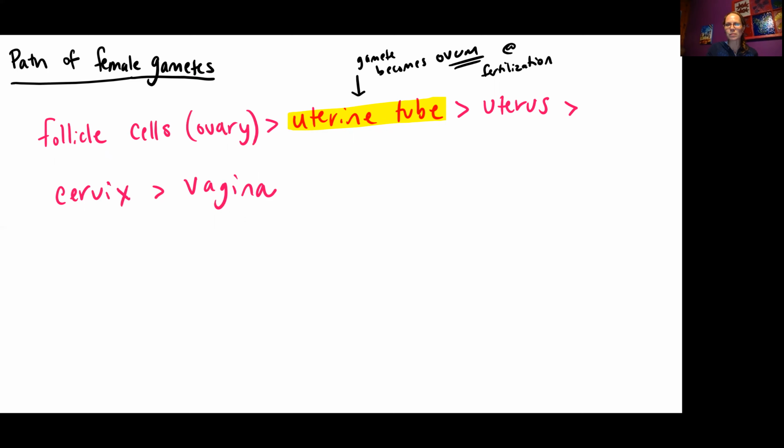I've actually misspoken, because a zygote is a fertilized egg, so that means one cell, and we see that that single cell divides into two cells, which divide into four cells, forming a blastocyst, which is a ball of cells before actually entering the uterus, where then you would have implantation of that embryo, development of the fetus, and then leaving the uterus through the cervix and then out the birth canal called the vagina. That is, of course, if fertilization and pregnancy occurs.